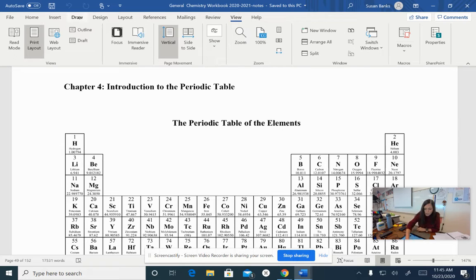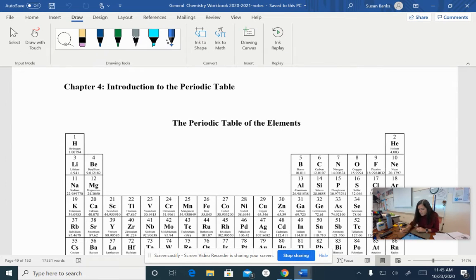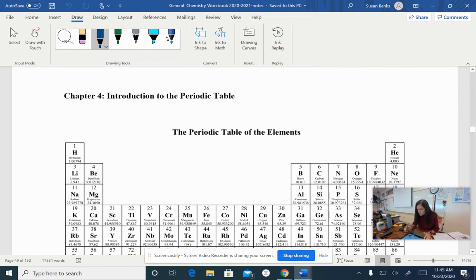Okay, so the first thing that we want to do is to put down some definitions. So you should be here at chapter 4, the periodic table. I think it's about page 47 in your workbook. Okay, so introduction to the periodic table.